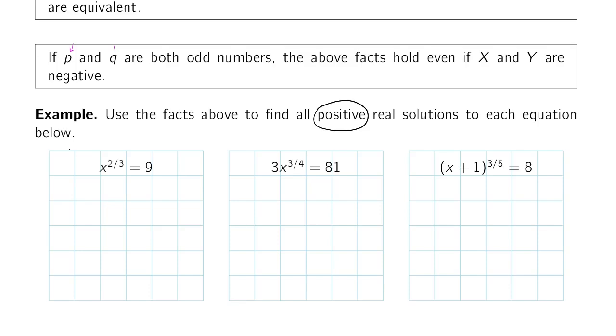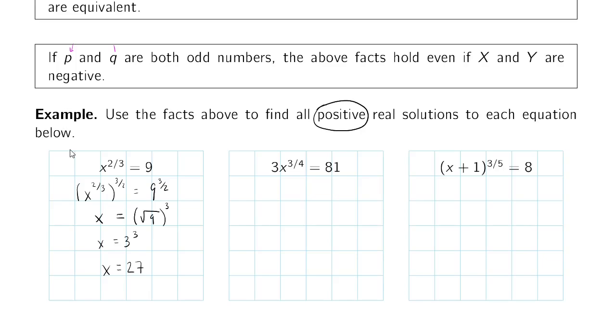So if we have x to the 2/3 equals 9, and we're only interested in positive numbers, so we're assuming that x is positive, of course 9 is positive, we can take the 3/2 power of both sides. And so x to the 2/3 to the 3/2, that just gives us x back. And then 9 to the 3/2, well, that's the square root of 9 to the third. So x is 3 to the third, x is 27.